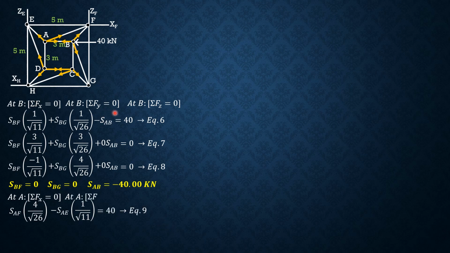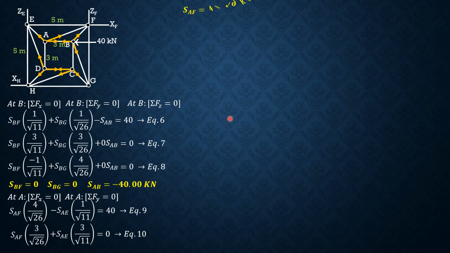And summation forces Y equals 0, downward positive at A. So SAF downward times 3 over square root of 26 plus SAE downward times 3 over square root of 11. Then since there's no more downward force, equals 0. Equation 10. Solving equations 9 and 10 simultaneously gives us SAF equals 40.79 and SAE equals negative 26.53 kilonewtons.